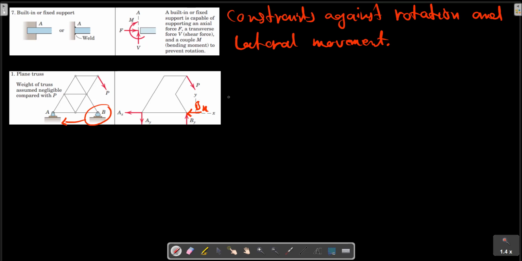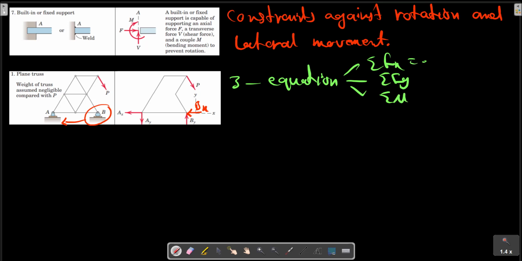In this case, we have three equations but four unknowns, Ax, Bx, Ay, and By.